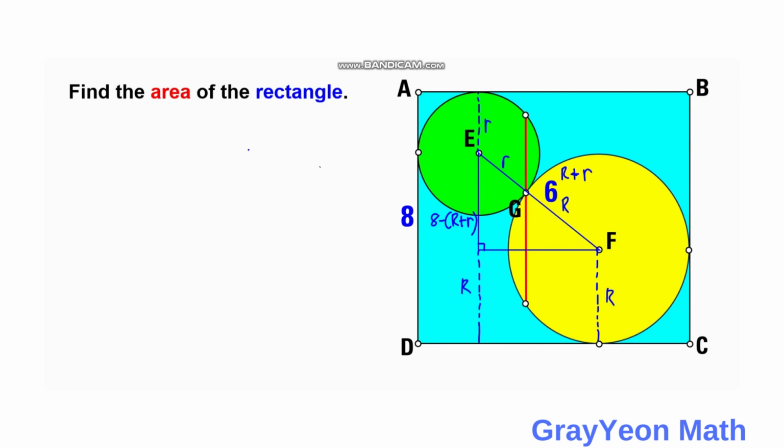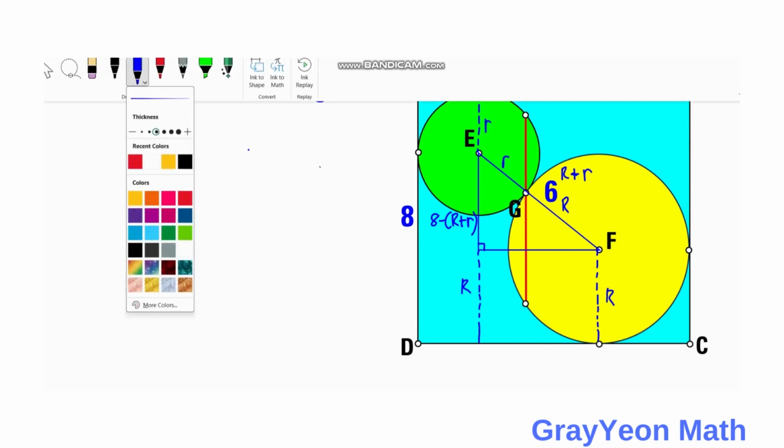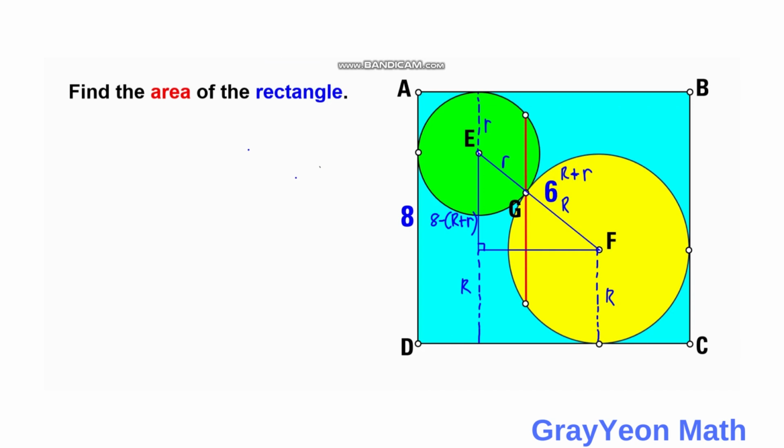For the horizontal leg of this right triangle, this length is the length of the rectangle, which can be called either AB or DC. So let's call this DC minus R plus r.